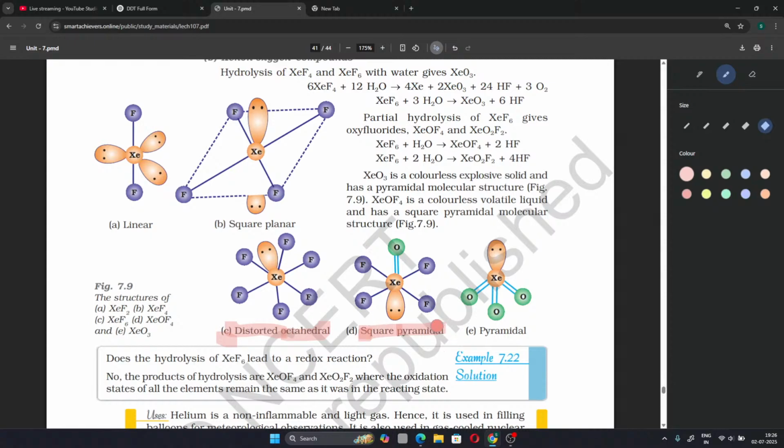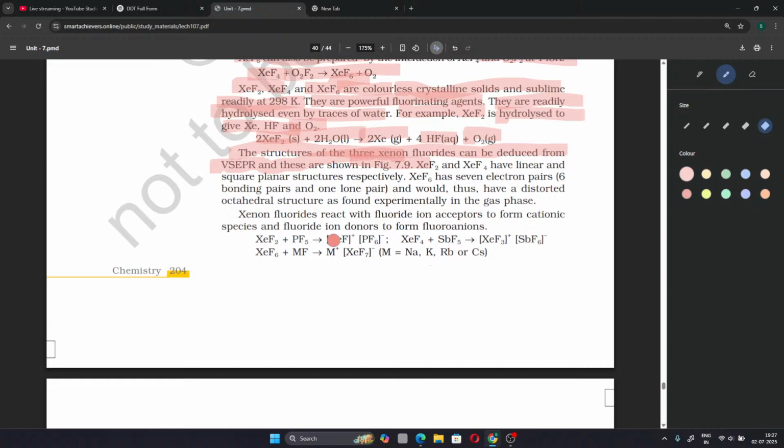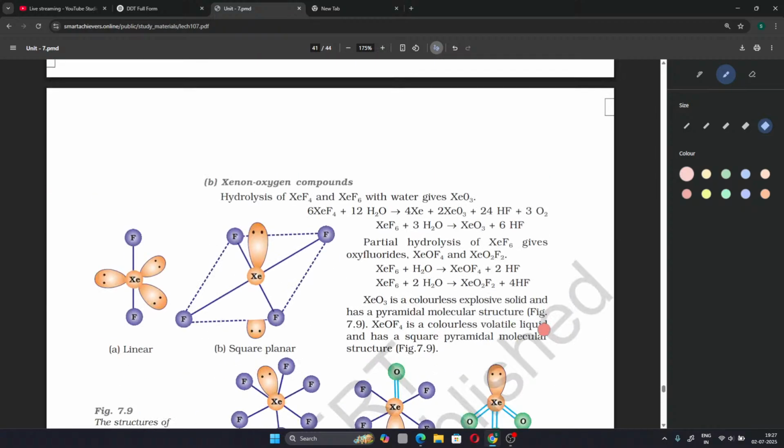And in case of XeO3, it is a pyramidal shape with 1 lone pair, a tetrahedral geometry and pyramidal shape, like the NH3 molecule. I think that is the structure.